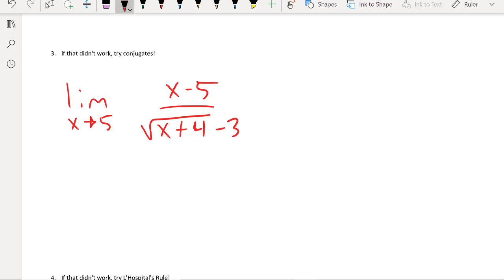The problem with this is, step 1, plug it in. 5 plus 4 is 9, so the square root of 9 minus 3. The square root of 9 is 3, 3 minus 3 is 0, so I get 0 again for the denominator.